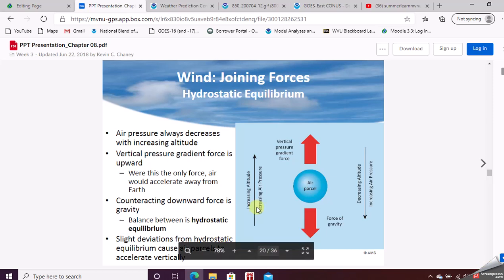Gravity is pulling the gas back down towards the Earth so that it reaches a balance. That balance is called hydrostatic equilibrium. Guess what? It's an approximation, so sometimes it doesn't work, like in thunderstorms. But other than that, overall, it's pretty good.